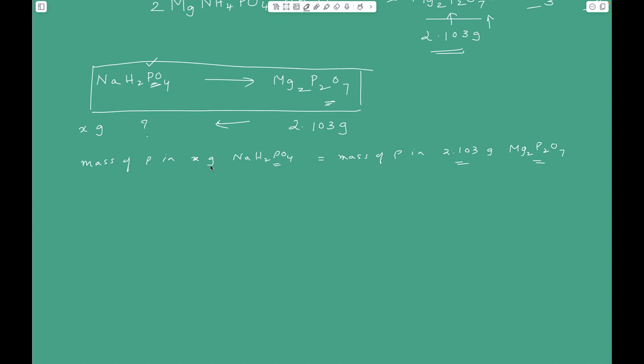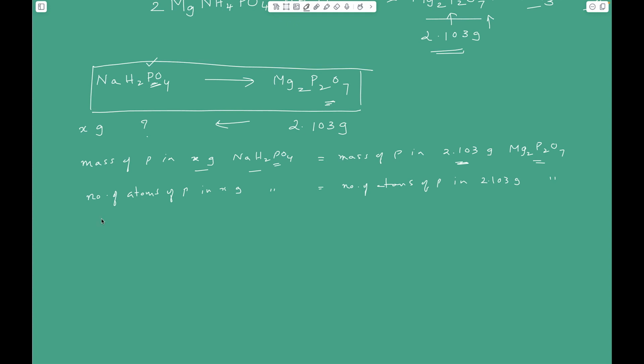If the mass of phosphorus in x grams of monosodium phosphate and so many grams of magnesium pyrophosphate is the same, then the number of atoms must also be the same, right? So the number of atoms of phosphorus in x grams of monosodium phosphate is equal to the number of atoms of phosphorus in so many grams of magnesium pyrophosphate.